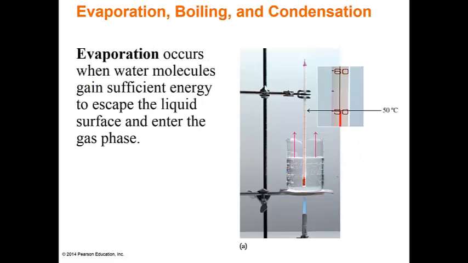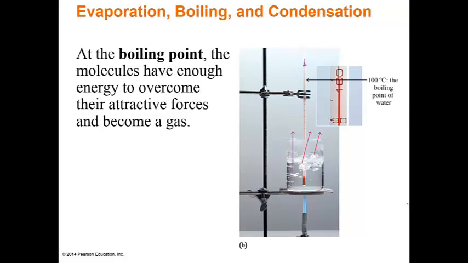So evaporation occurs when water molecules gain sufficient energy to escape the liquid surface and enter the gas phase. Here we can see the thermometer is at 50 degrees. We know water doesn't boil until 100 degrees. We get some bubbling and some activity because the molecules are starting to rock and roll, but there's not enough energy to actually escape the liquid form.